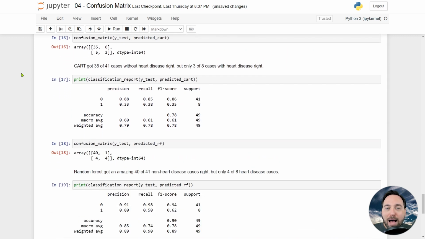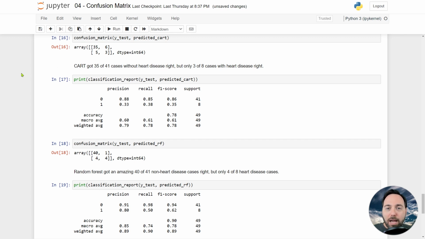Random forest was outstanding in cases where the person did not have heart disease, but it was only 50-50 on cases with heart disease, again failing us somewhat. Also, I'd like to take a moment and tie back two measures that we talked about in the classroom but haven't seen here so far: specificity and sensitivity.